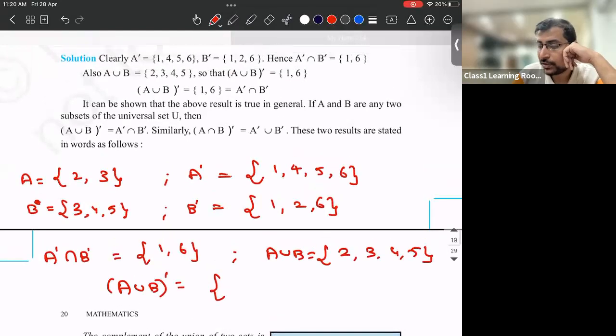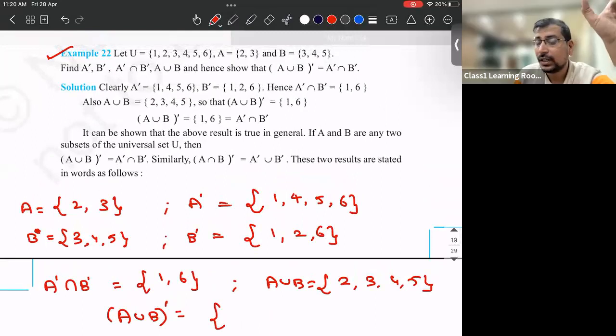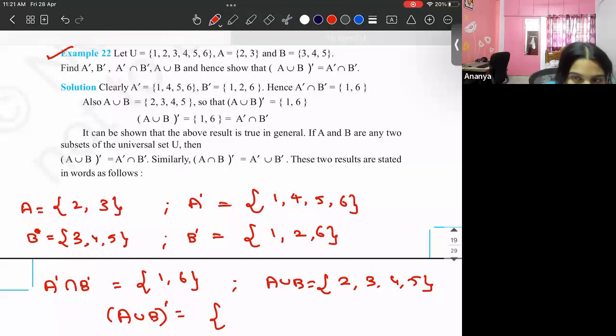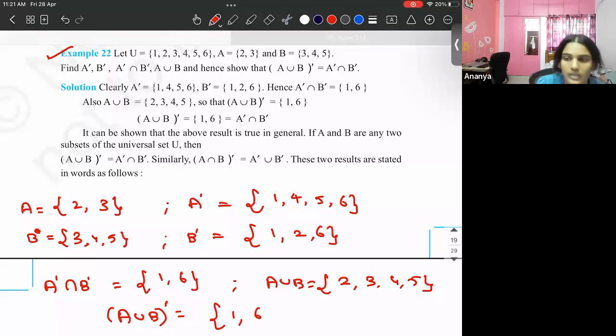What is there in the universal set but not there in A union B? A union B, the whole complement, is whatever is there in the universal set but not there in A union B. That is 1 and 6.